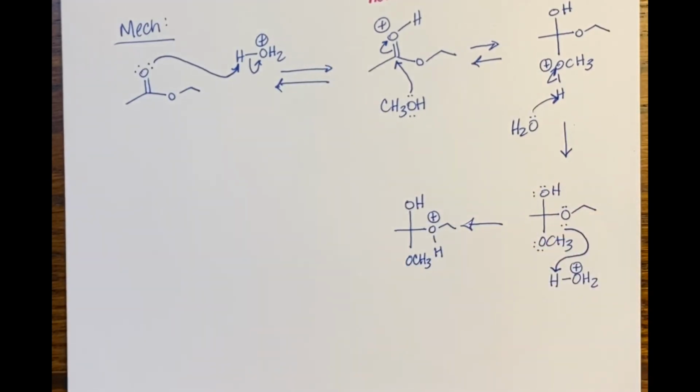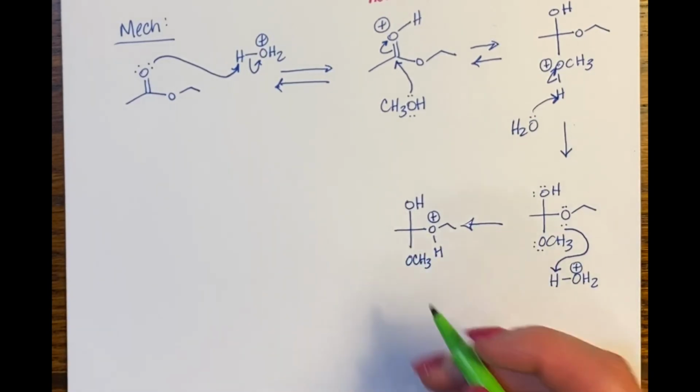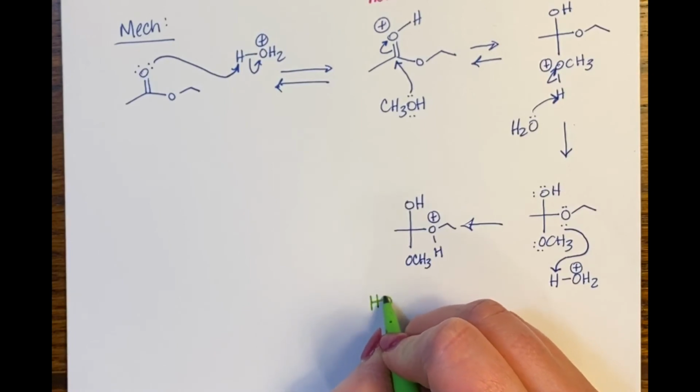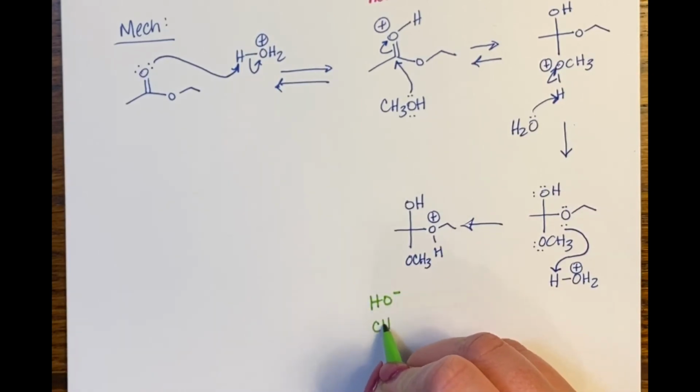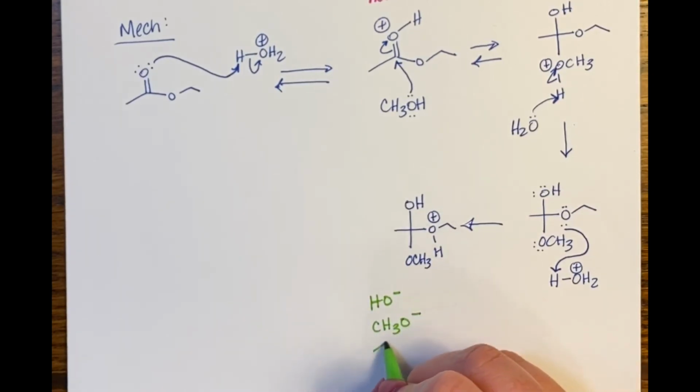So from this structure, if this tetrahedral intermediate were to collapse, the leaving groups that I have as a possibility are hydroxide, methoxide, or ethanol. And so the best of the leaving groups is going to be this neutral molecule of ethanol.